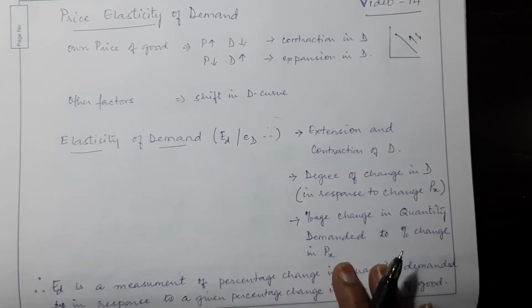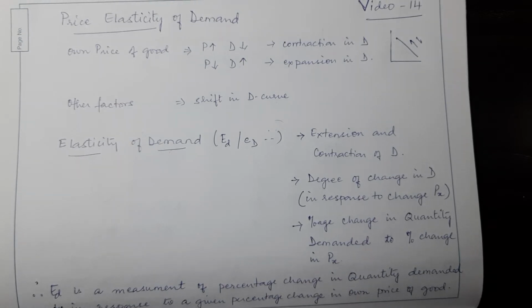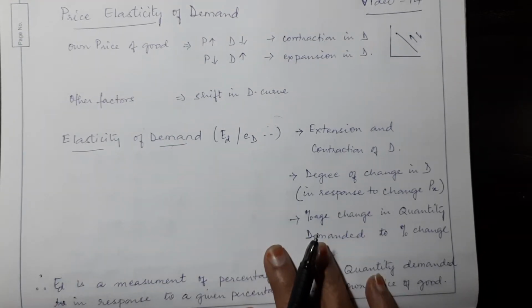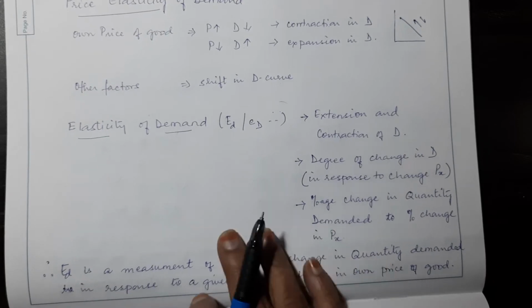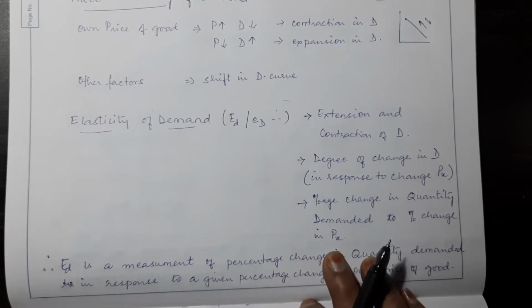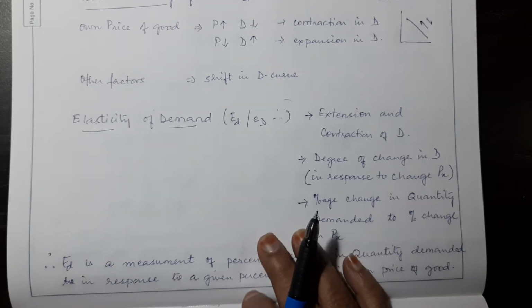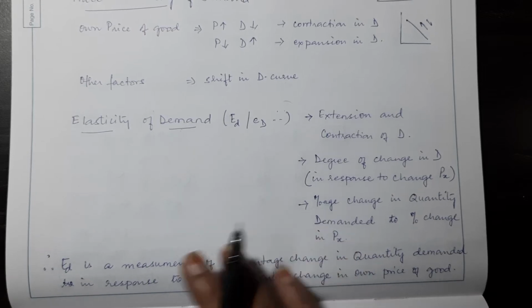So percentage is something that can be used as a common unit to compare values, isn't it? So here elasticity of demand talks about the percentage changes. So it becomes very easy when we have to compare prices or quantity demanded of different types of goods.